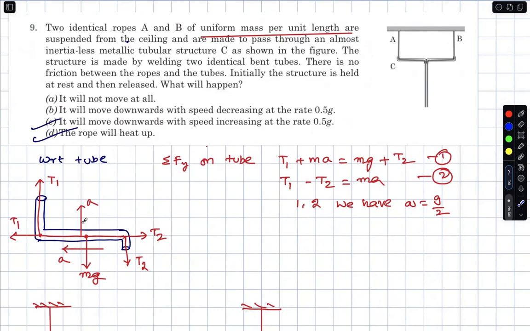What happens is, actually you said that the tube will have some acceleration A. Now I am in the reference frame. This is me. I am in the reference frame attached to the tube. Otherwise, bent tube.